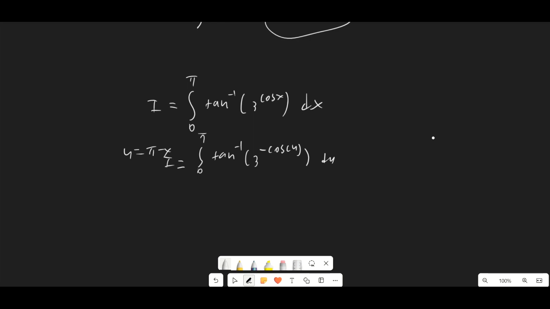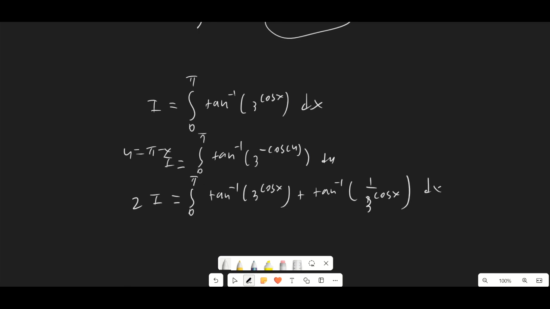So this is I, this is I. If we add these together, we get that 2I equals the integral from 0 to pi of tan inverse of 3 to the cosine x plus tan inverse of 1 over 3 to the cosine x dx.